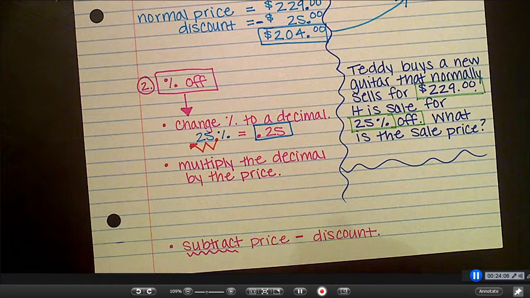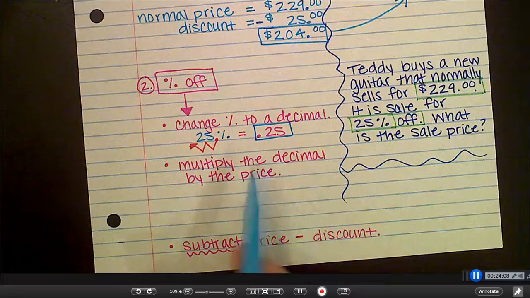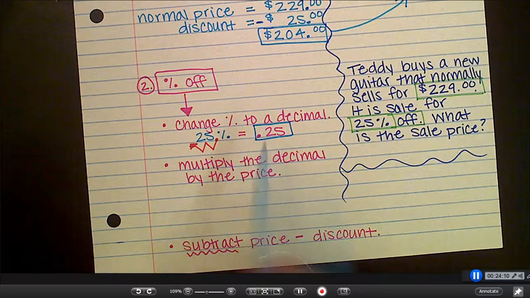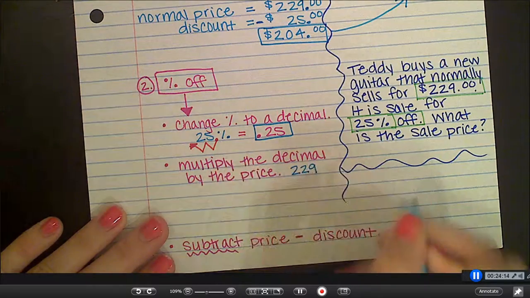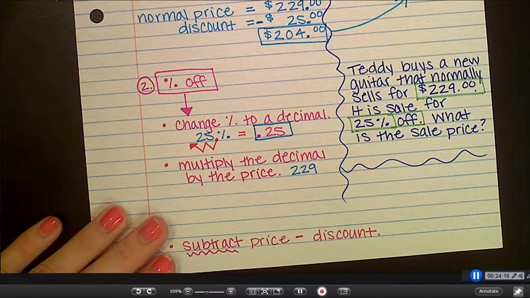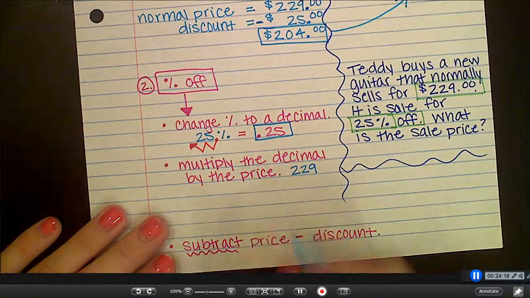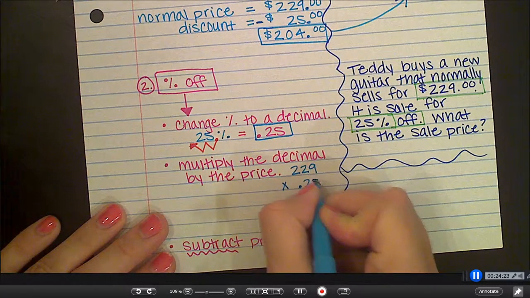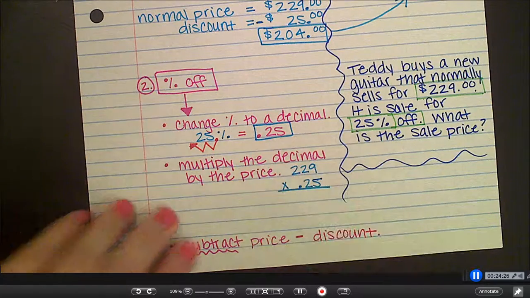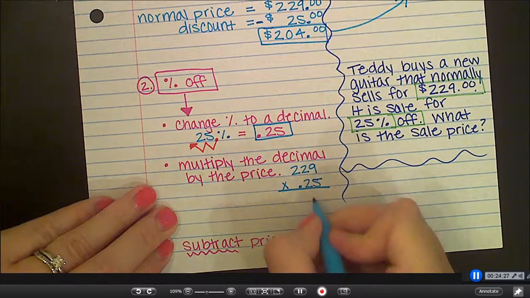So now it's time to multiply the decimal, right here, by the price, $229. And I don't really need that 0.00 since it's an even dollar amount. I'm going to multiply by 0.25. So 5 times 9 is 45.